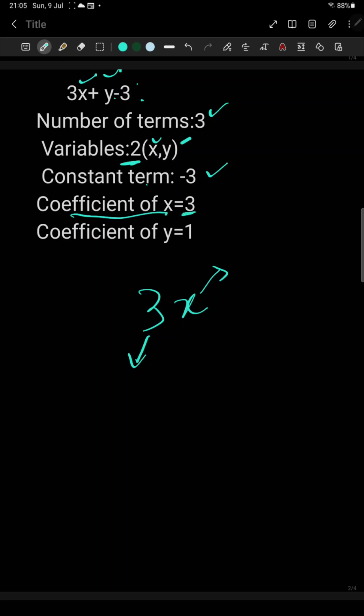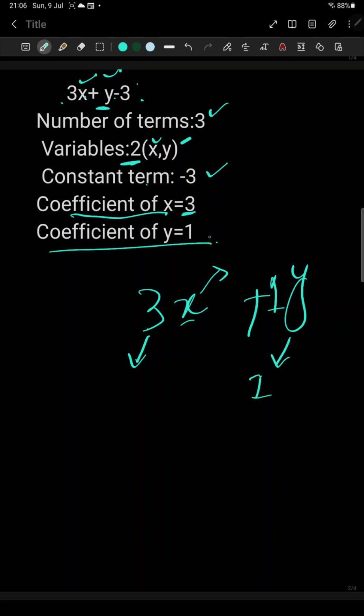The number on the left side of the variable is called the coefficient. There is no number with y, it is only plus y. It is written with no number, but we will consider it 1. So the coefficient of y will be 1.